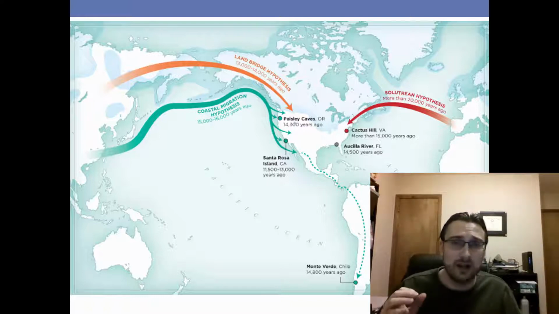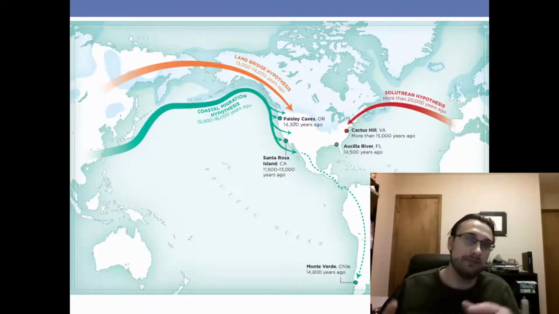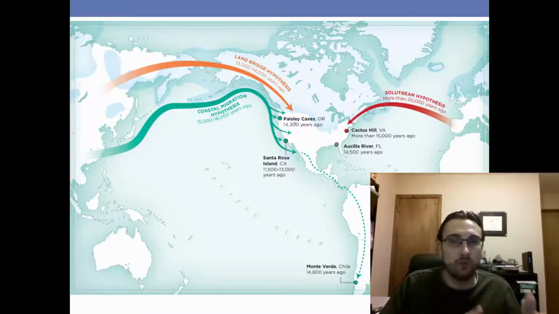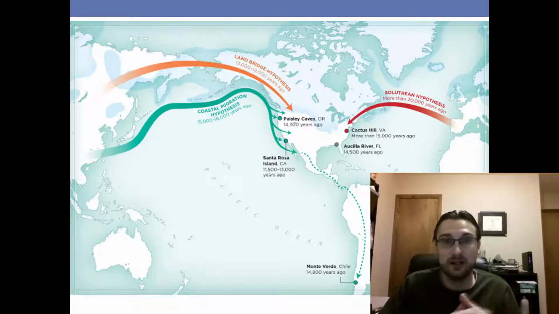The most traditional hypothesis has always been the land bridge hypothesis. That pretty much states that somewhere around 15,000 years ago, in response to the last ice age, sea levels dropped because all the seawater was being sucked up into these large glaciers, and that created a land bridge between western North America and Eastern Asia, between Russia and Alaska, essentially, if we're talking about modern day geography.